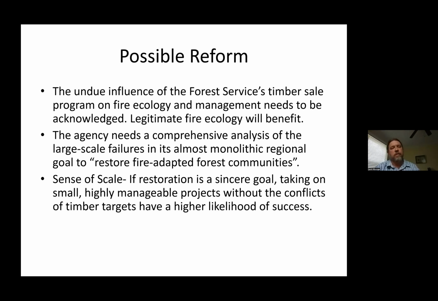And also a sense of scale. If restoration really is a sincere goal of the agency, and I'm sure we've talked to some rangers and biologists who have legitimate things they would like to do, they are constrained by the timber mission and by the sense of scale.